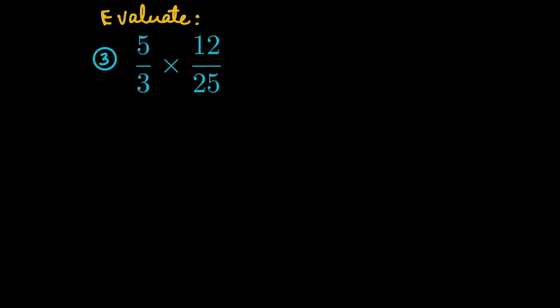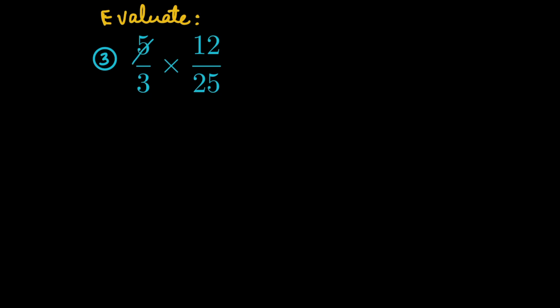Now taking another question. It is 5 over 3 times 12 over 25. First we check, can they be reduced? 5 and 3 don't have any common multiple. But 5 and 25 can be reduced, as both are divisible by 5.